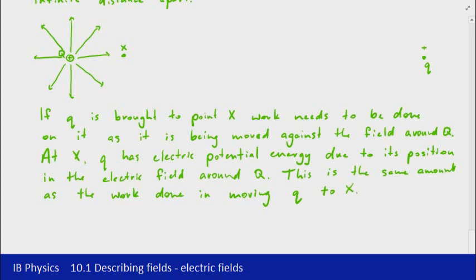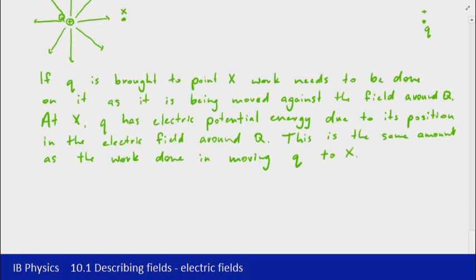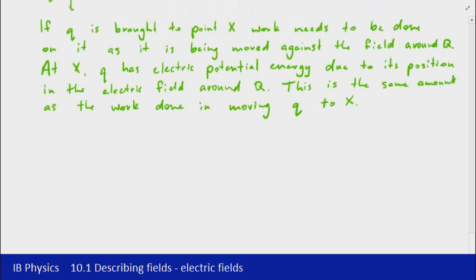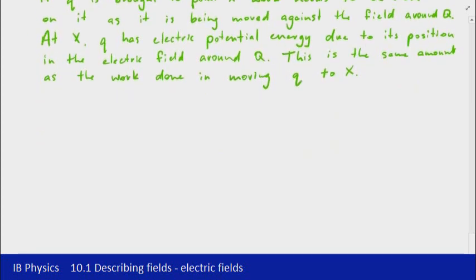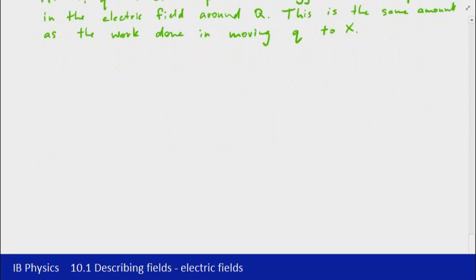So we've got this idea that work and energy are basically the same concept, and so we can use that the amount of work that we do is equal to the amount of energy that's gained. Now we need to understand that in order to define electric potential.